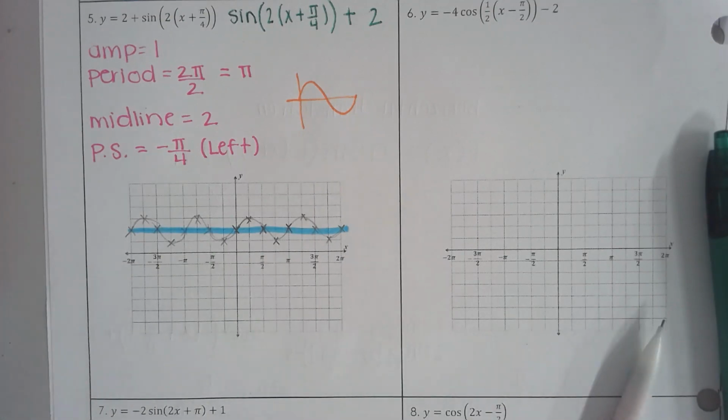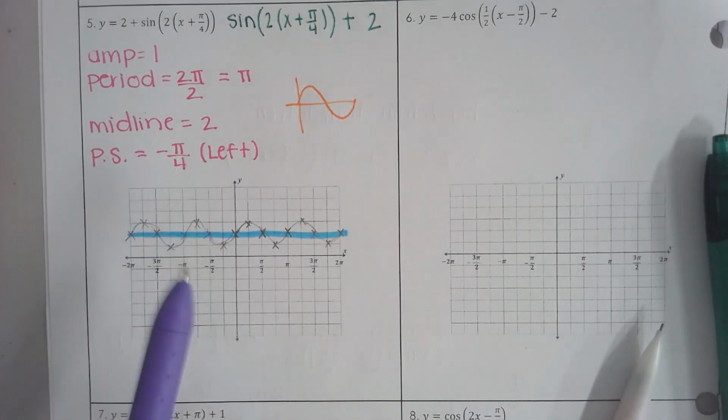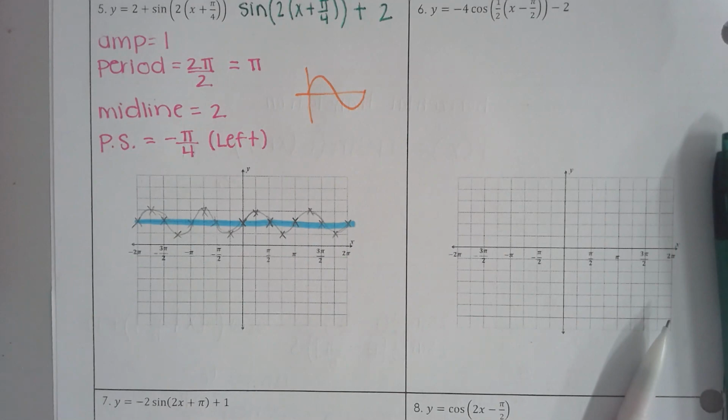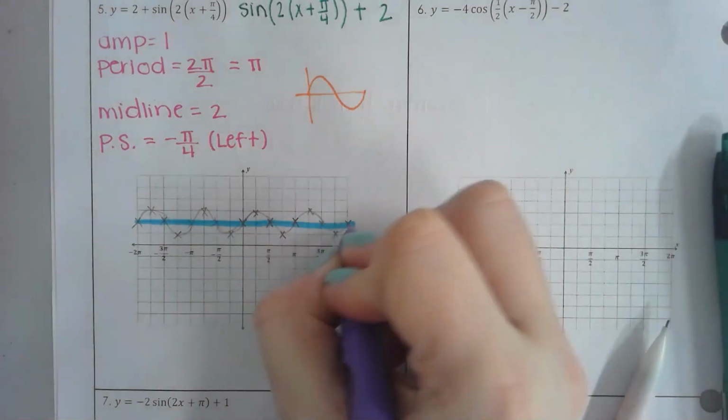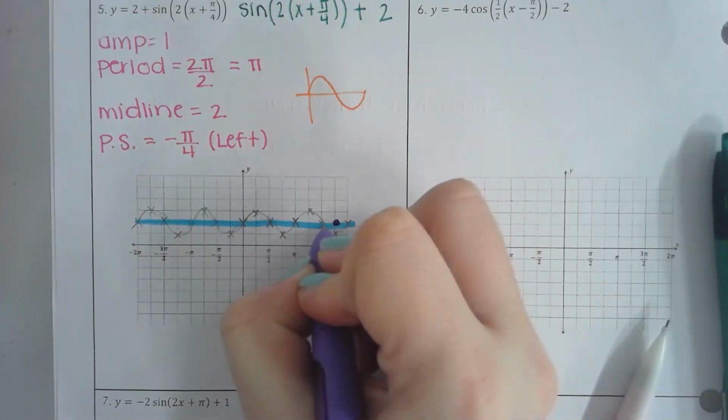So it is left pi over 4. Our scale is the same, so we know that's 1 block. So I'm going to move all of these left 1 block, and it is a lot, honestly.